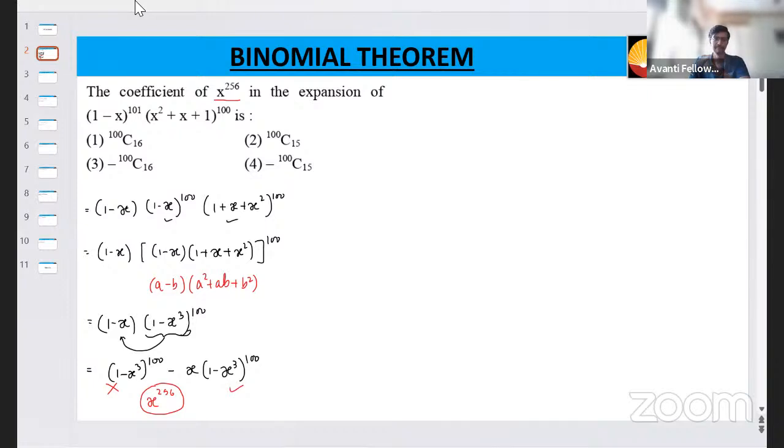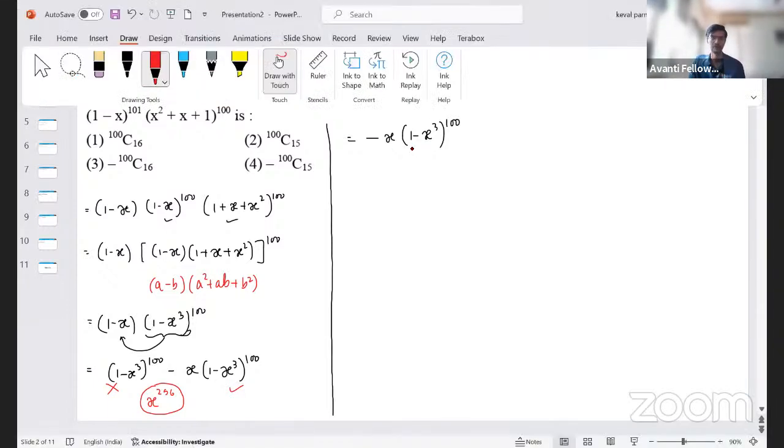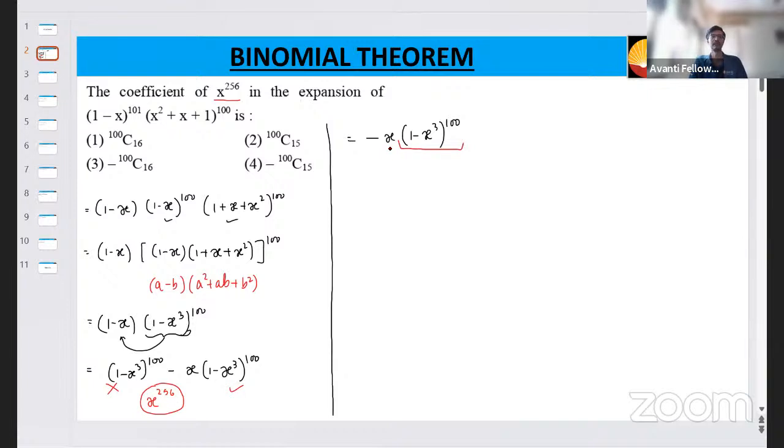That means we will get x raised to the power 256 from here, which is minus x into (1 minus x cube) raised to the power 100. Here there is already one x.